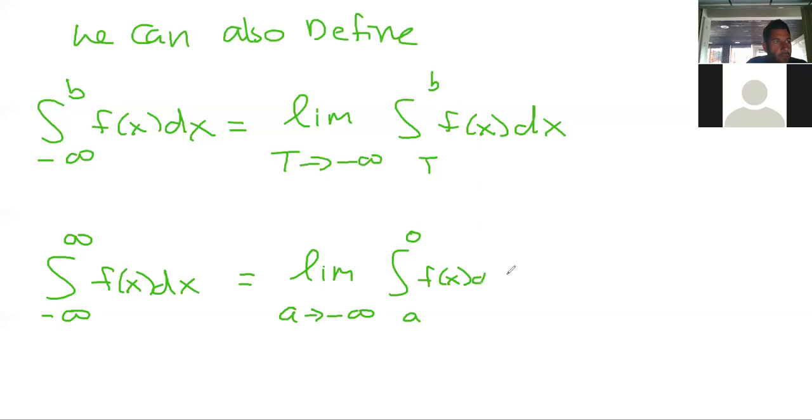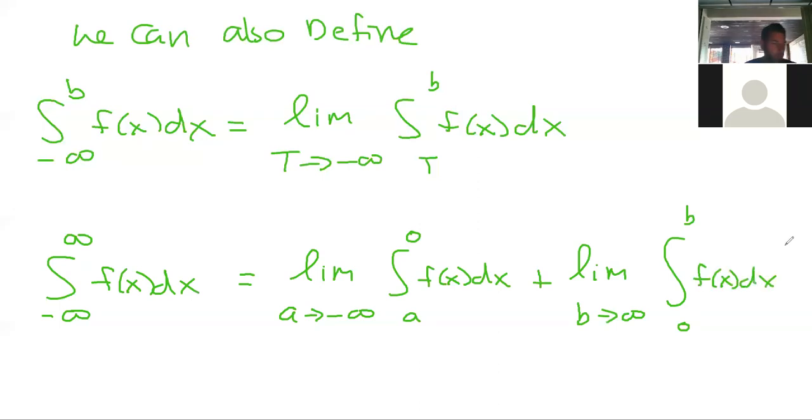This is one way of doing it. Plus the integral from 0 to b. We have to take a limit. So these are two more improper integrals.